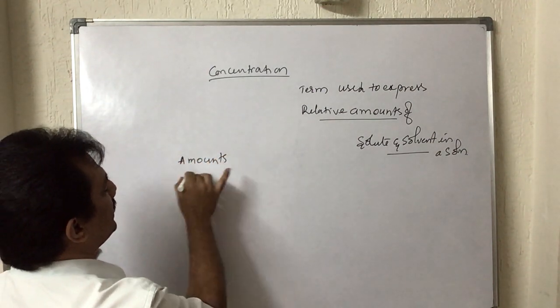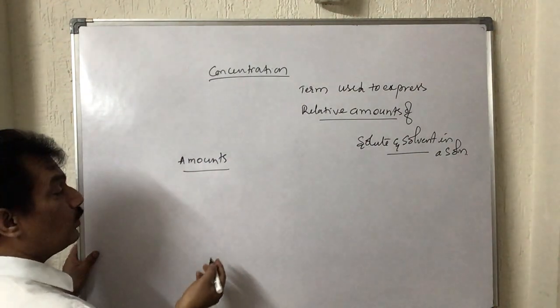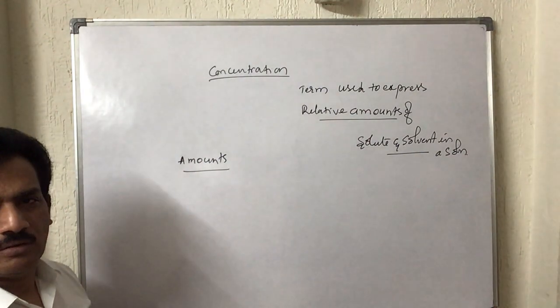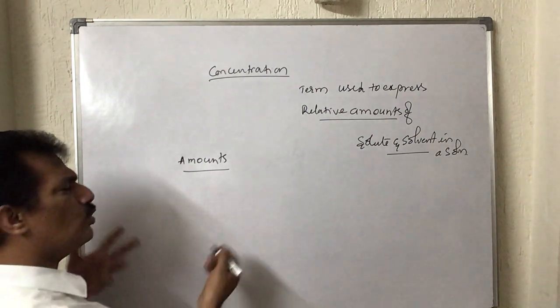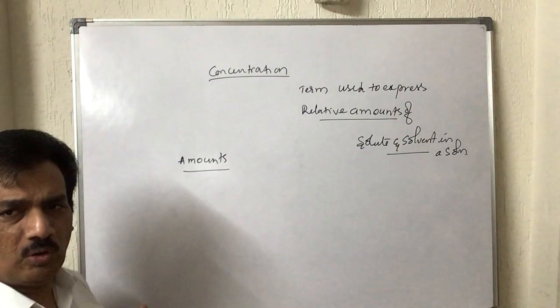Already in stoichiometry we completed how to measure the amounts of substances. We learned that many units are used to express these amounts.